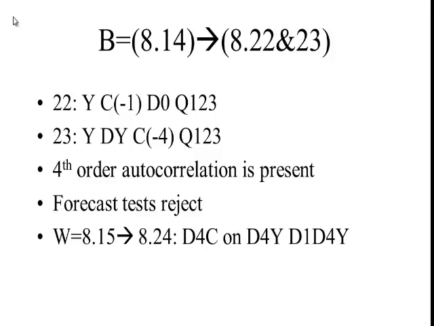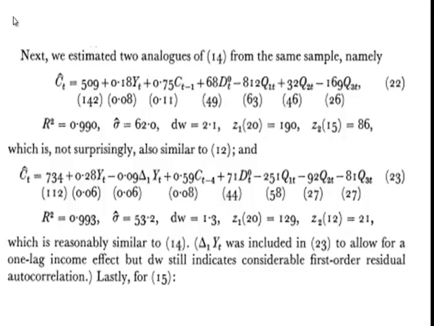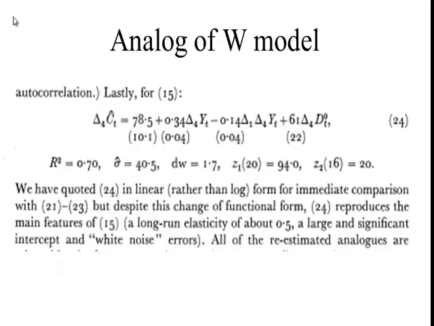Okay, so 14 was the Ball model, and he first estimated these two models, 22 and 23, but this is the final equation: delta 4 of C is the seasonally adjusted consumption, delta 4 of Y is seasonally adjusted income, and then they have one lag of seasonally adjusted income, which is exactly the Ball model, and then you put in the dummy for 68.1.